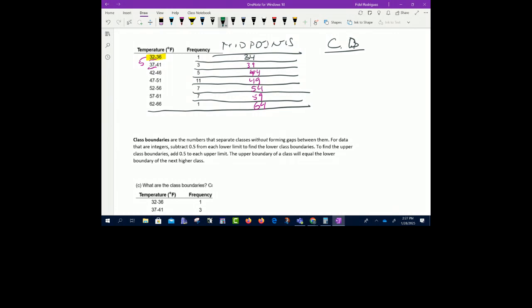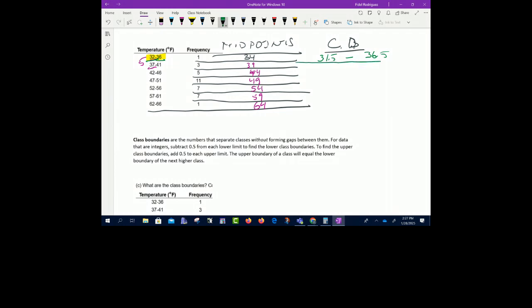Okay, y'all, let's see if we can find the class boundaries. So remember, y'all, for the class boundaries, if the first number here is 32, if you had $32, but you spent 50 cents, how much money do you have now? $31.50. Okay. If you had $36, but I gave you 50 cents, wouldn't you now have $36.50? Okay.